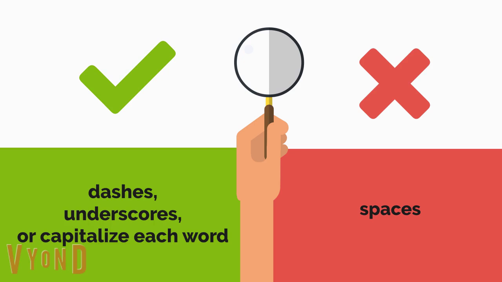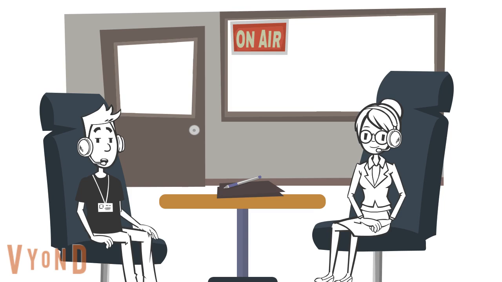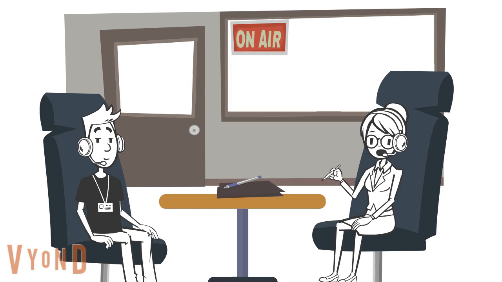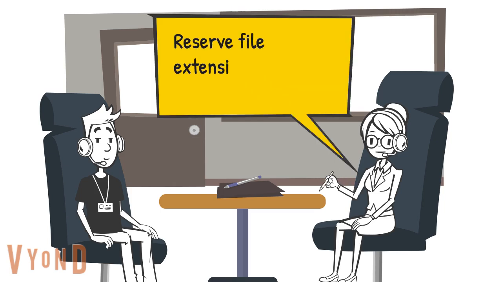To make file names both computer and human readable, use dashes, underscores, or capitalize the first letter of each word in the file names. So, is there a right or wrong way to choose between them, or is it just personal preference? It often comes down to personal preference or maybe project guidelines. The key is to pick one style and stick with it. Consistency is key. One more tip, you should preserve file extensions such as .doc and .xlsx if possible.